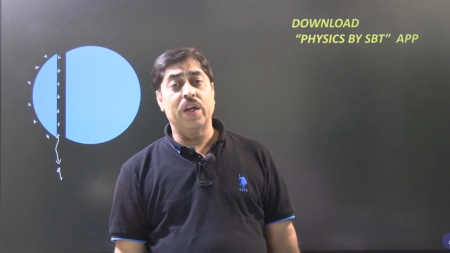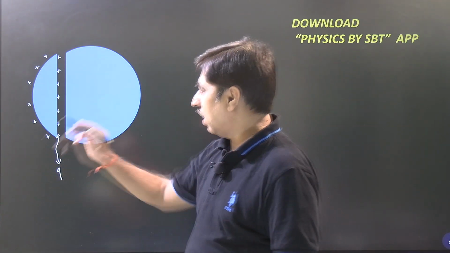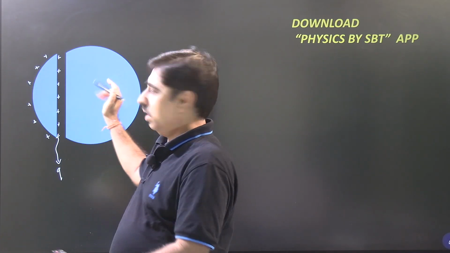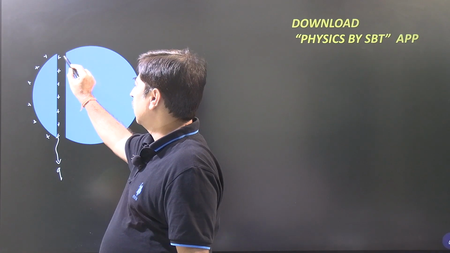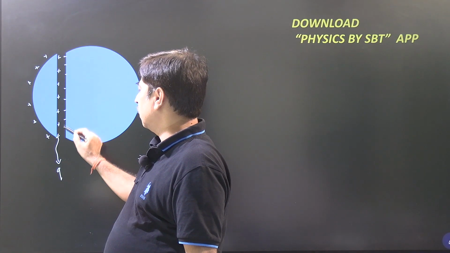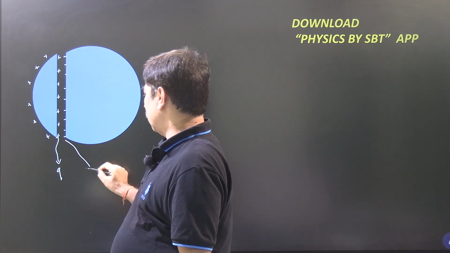I hope all of you can understand that the face in front of this circular face, I mean this face, this wall, will have charge of minus q on it.